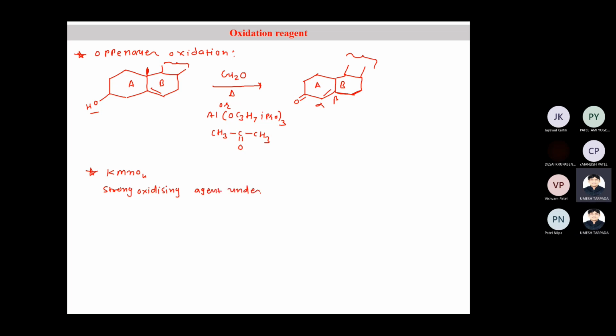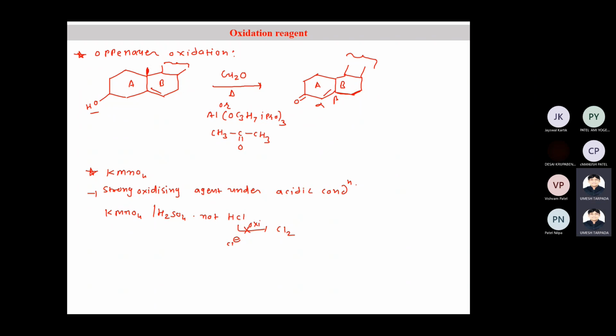Under acidic condition, in order to get acidic condition with KMnO4, we are using H2SO4, not HCl. Why? If you use HCl, then Cl minus gets oxidized to Cl2. So that is the problem.